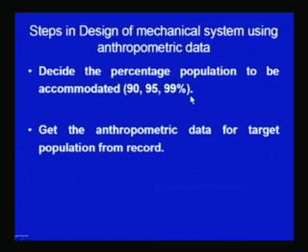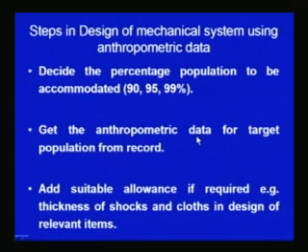So, what is the percentage of the population to be accommodated by the given design? Regarding that, the decision is taken first, and then anthropometric data is obtained from the record, and the central tendency of the anthropometric data which is of use for a given design, and its spread in the form of range or standard deviation are calculated.